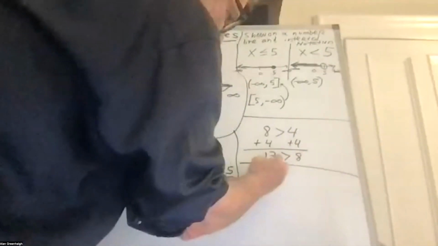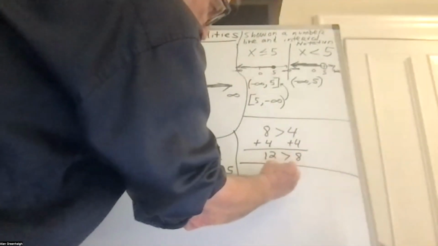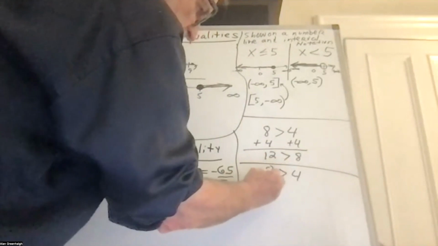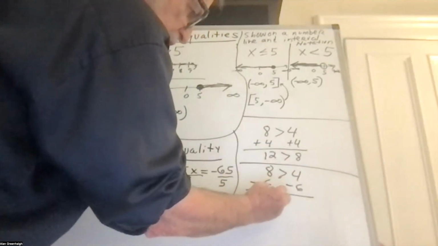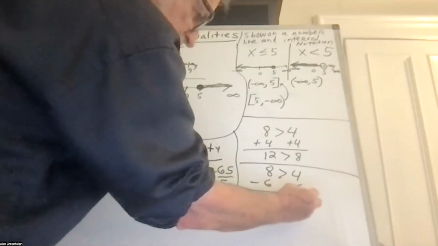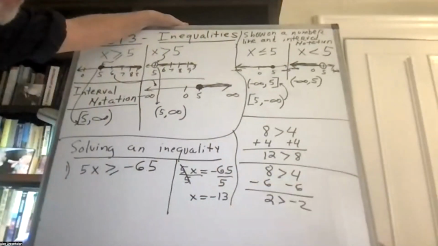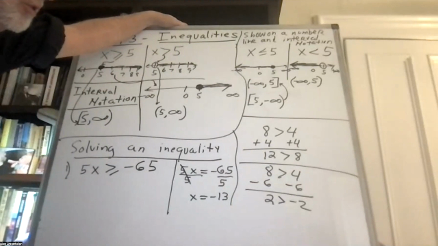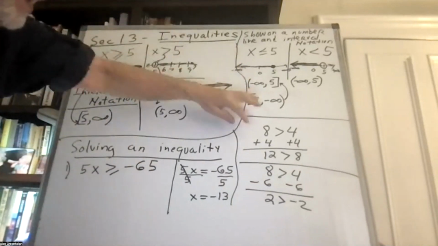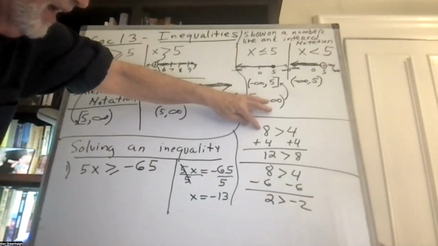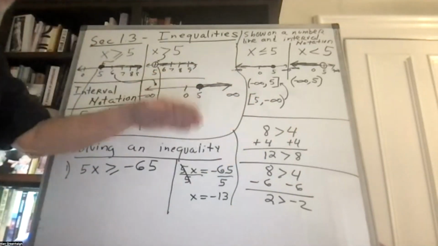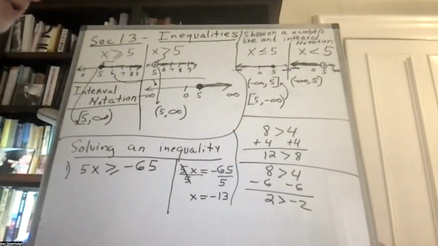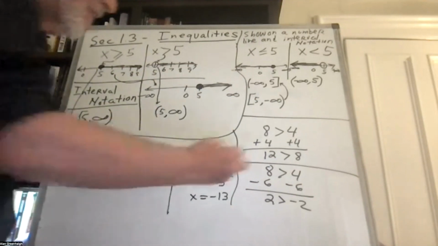Can you subtract? Subtract 6: this is 2 greater than -2. Is that true? Yes, it is true. Therefore, you can add to an inequality and it doesn't do anything to the inequality. You could subtract from the inequality and it doesn't do anything.